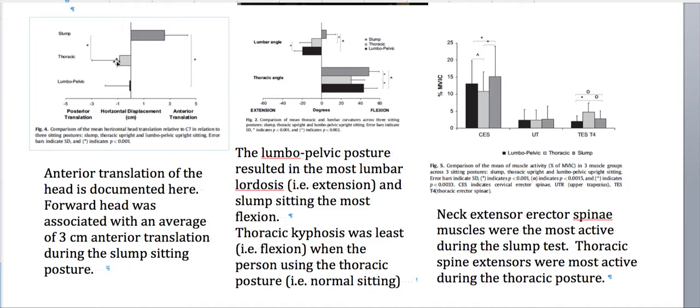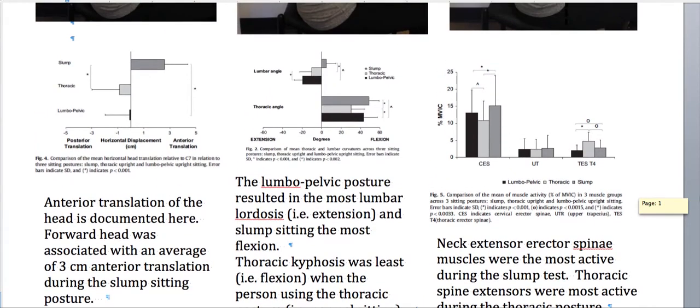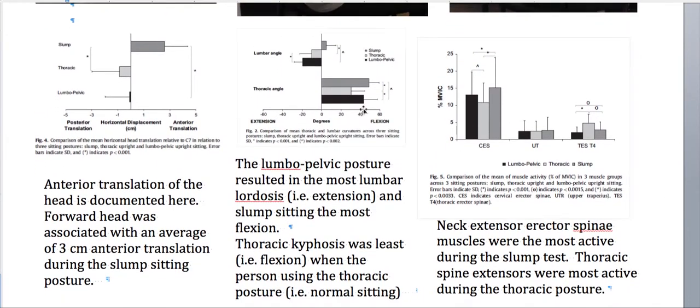So the take home there is that there's a 4 centimeter change with forward head posture, because we've said that the most normal posture is the thoracic. So something like a 4 centimeter increase in the moment arm would account for the differences to slump posture, so you'd have an internal moment that would reflect that challenge. And the angles make sense.